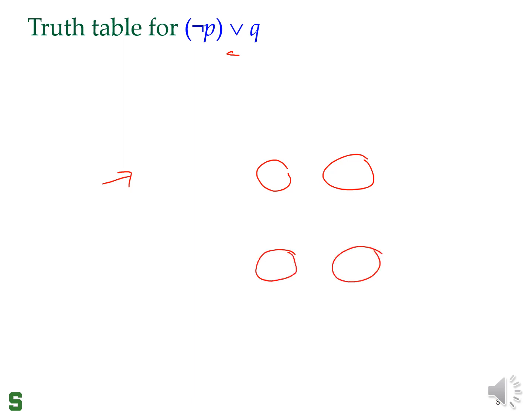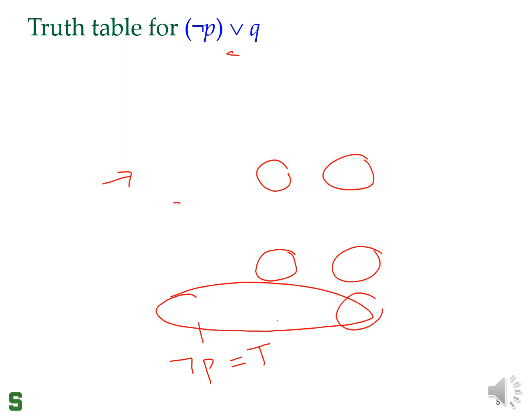Q is true, so this operator not P or Q is going to be true. Here let's look at this one, the last row. Here P is false. This means that not P is true. If not P is true, then I have true or false, and that's going to give me the value true.